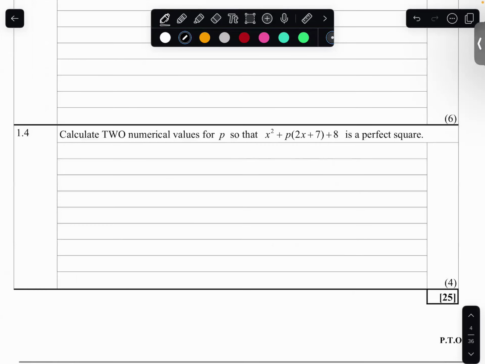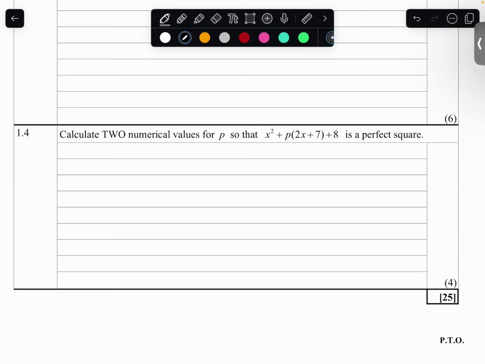Okay, next. 1.4 says, calculate two numerical values of p so that x squared plus p into 2x plus 7 plus 8 is a perfect square. So perfect square means you have to complete the square, all right? So before we do anything, it's actually pretty simple, right?